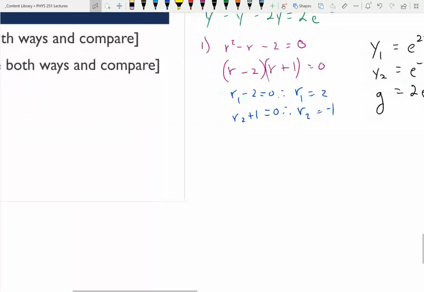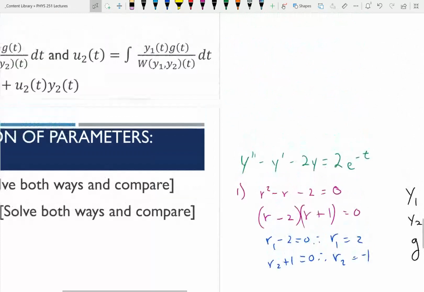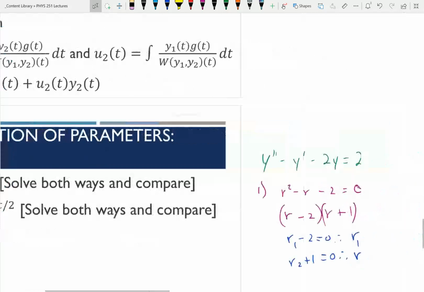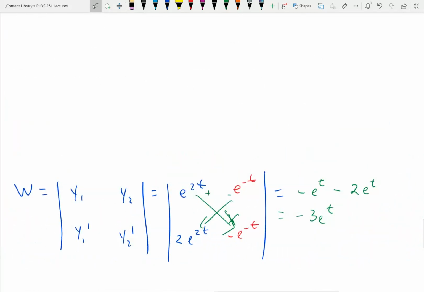Now we calculate u1, which is equal to minus the integral of y2g over the Wronskian. So notice u1 has the minus sign. I made that mistake last night too.